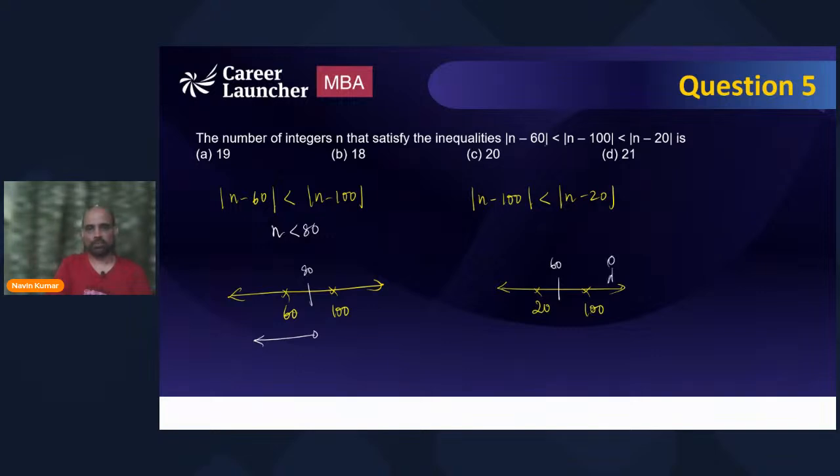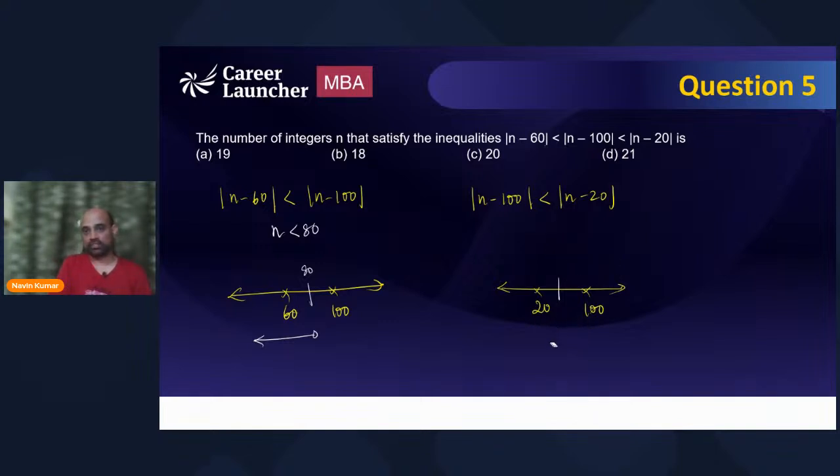So obviously the person should be towards 100, on 100, between 60 and 100. But if a person is at 60, this person is equidistant from both the ends, from 20 and 100. So that person cannot be at 60. If a person is to the left of 60, that person is closer to 20, but we need that person closer to 100.